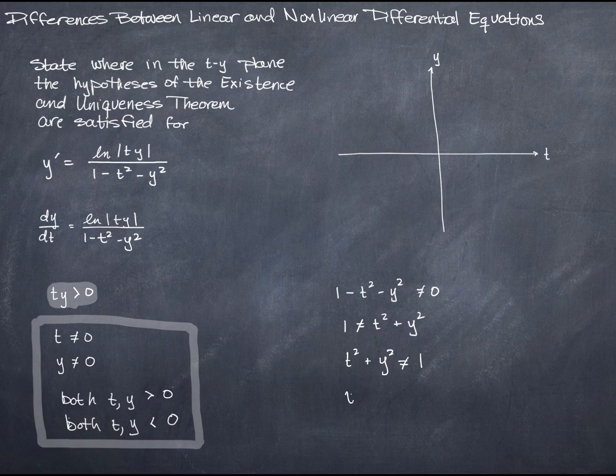Lastly, I'm going to replace this with an x, not because that's what you should do in this case, but to help you see. Let me take the not equals out of there for just a minute. This is the equation of the unit circle. x squared plus y squared equals r squared, where r is 1.